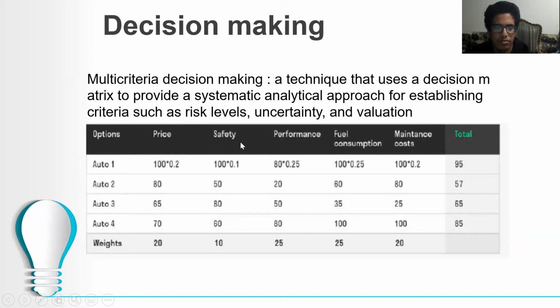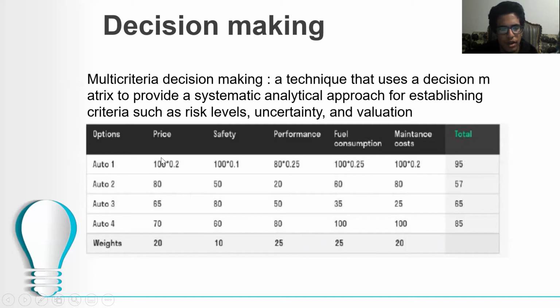Second, safety. Third, performance. Fourth, fuel consumption. Fifth, maintenance costs. The weights are clear here in the end. For price, 20%. For safety, 10%. For performance, 25%. For fuel consumption, 25%, and maintenance cost is 20%.